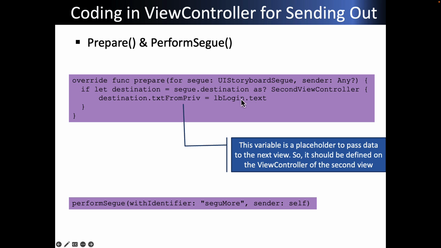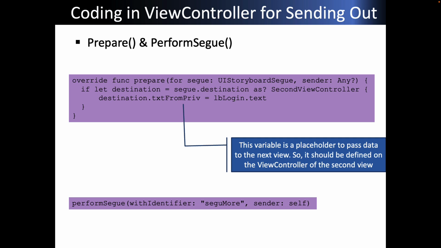There I want to assign my local value. If the user types a login, then I will assign this user login to the variable in the second view. In this way, the value can be passed very smoothly from the first view to the second view.